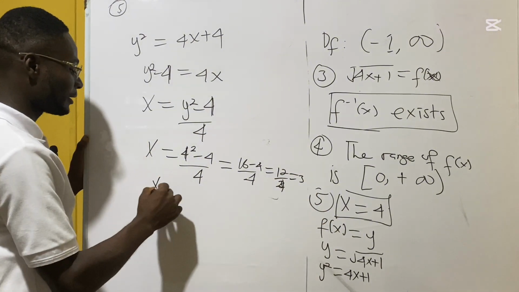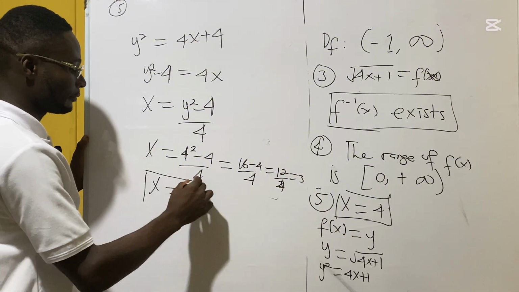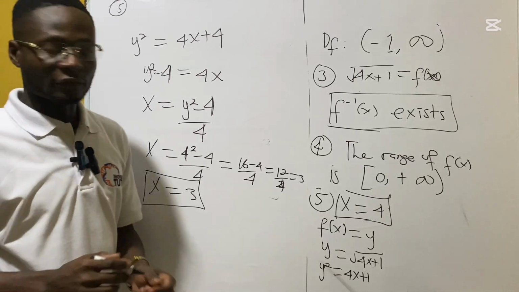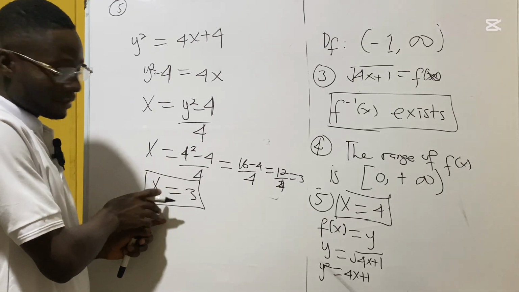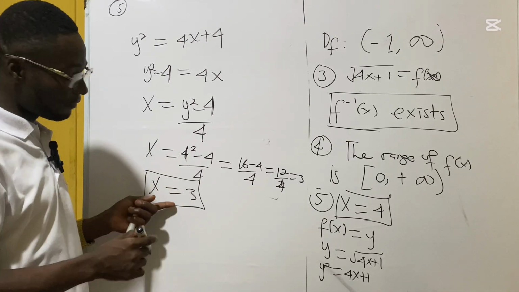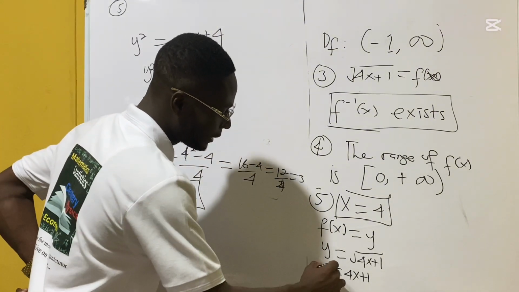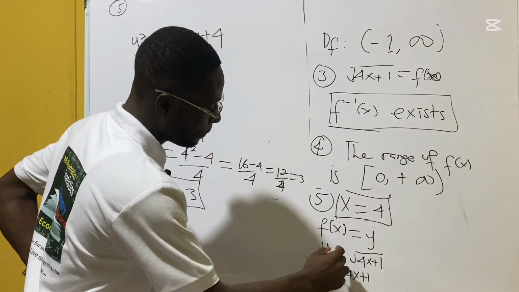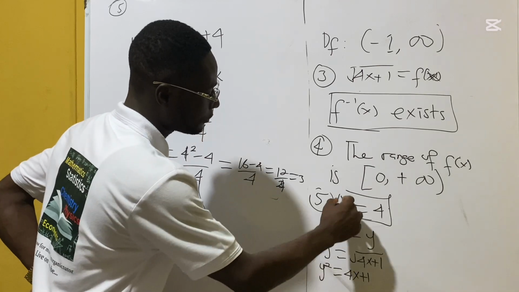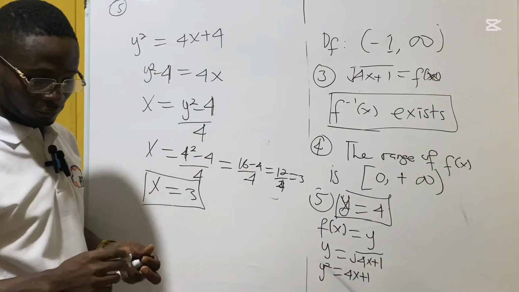So we have x equals 3. So the value of x is equal to 3 at y equals 4.